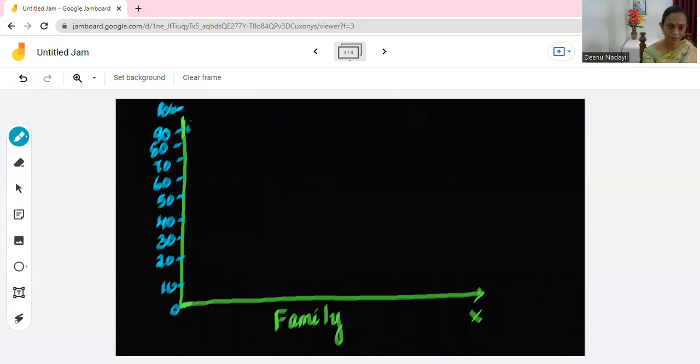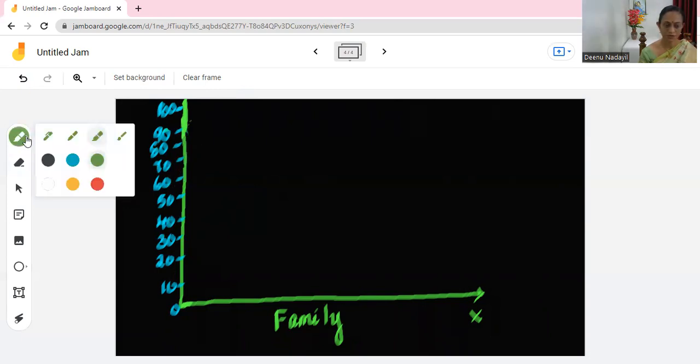Now we will draw the percentage bar diagram. Till 100 it is there. Now, students, just check what we have.